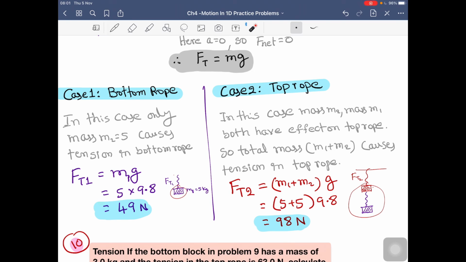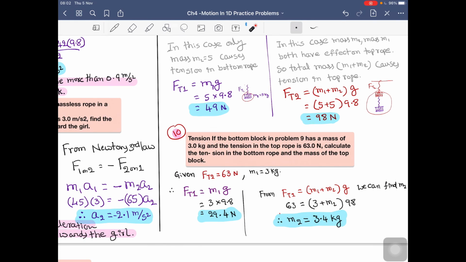On the top rope we will get more tension because two masses are hanging there. So add the two masses together, m1 plus m2, times gravity, and we will get the total tension here. The tension in the top rope is double the tension Ft1 in the bottom rope.